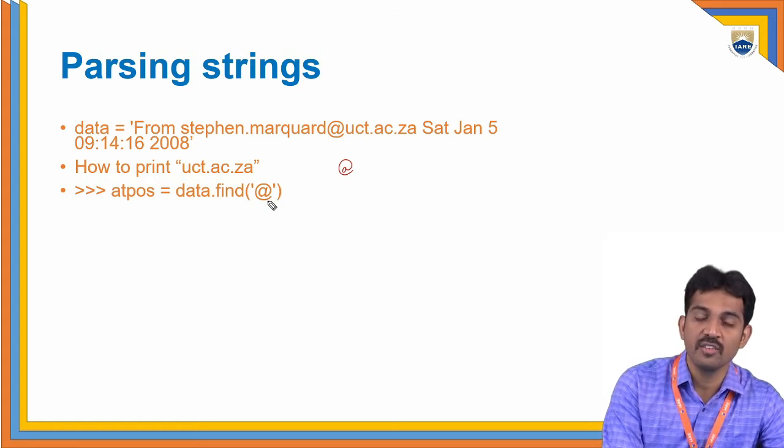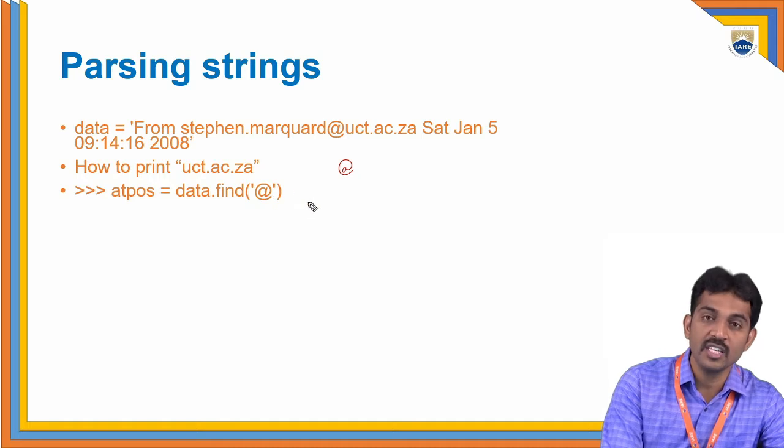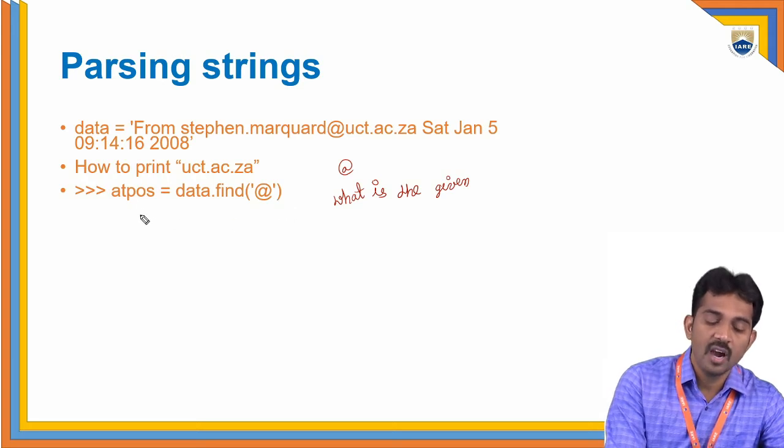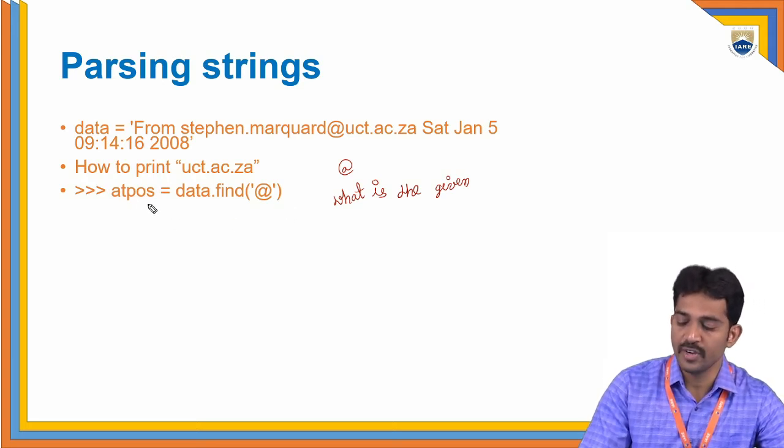In the last class we have seen find. What will it return? Find is a function. It will return the position of the given character, and that will be stored where? In the at position variable.